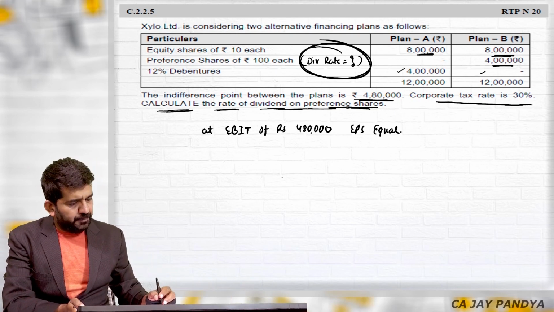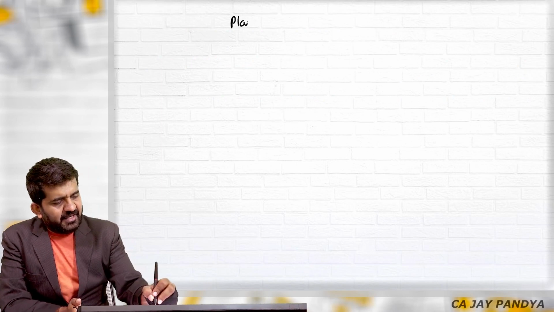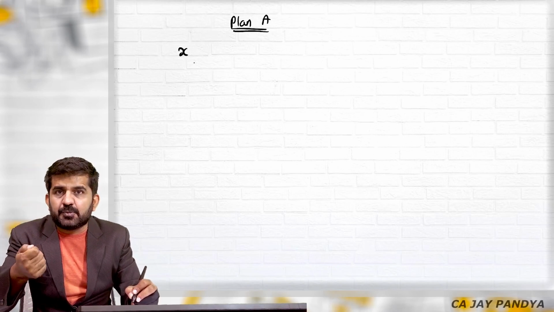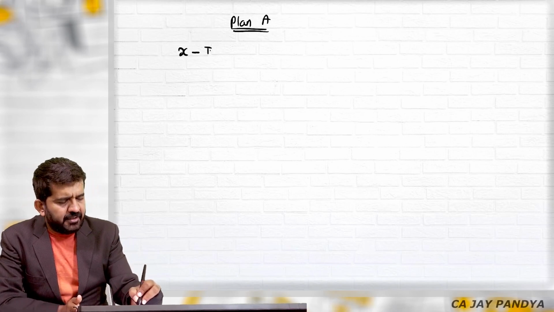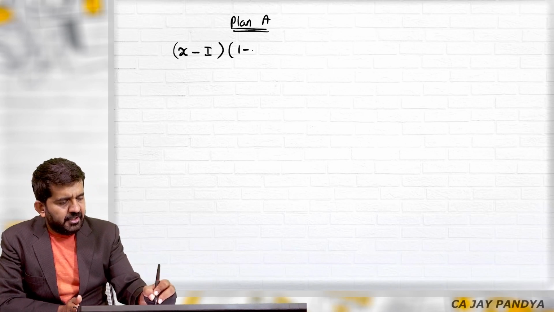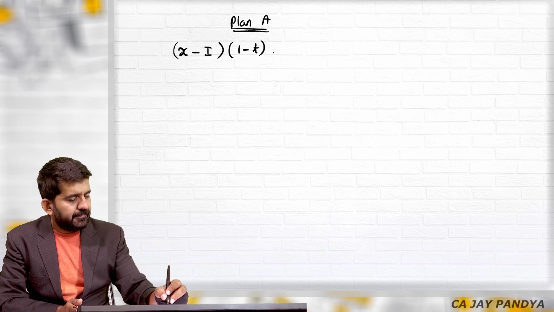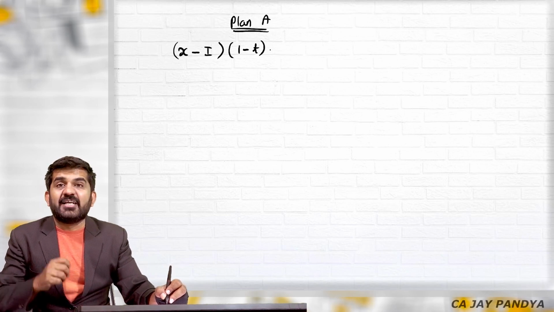Let me take a new page. Plan A, I am finding out EPS, which is X, where X is the indifference point, EBIT EPS indifference point, minus interest into 1 minus T, minus preference dividend.